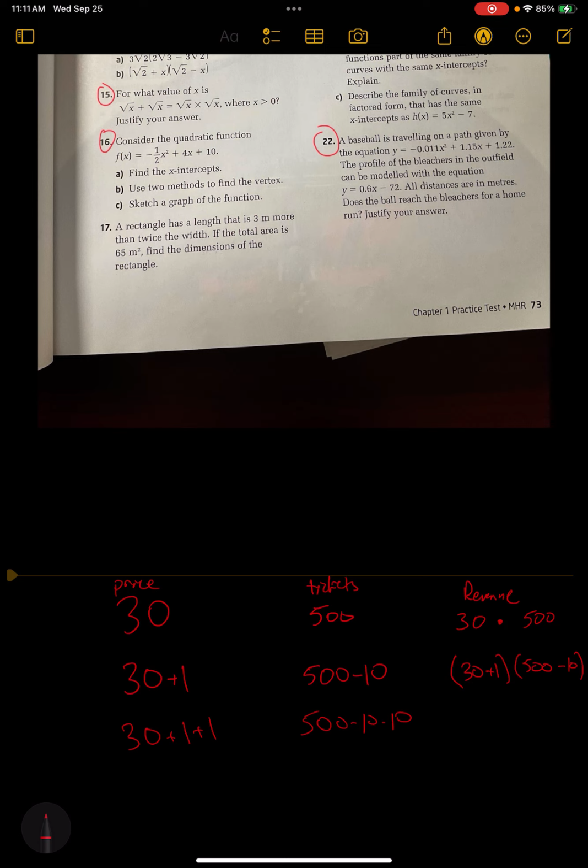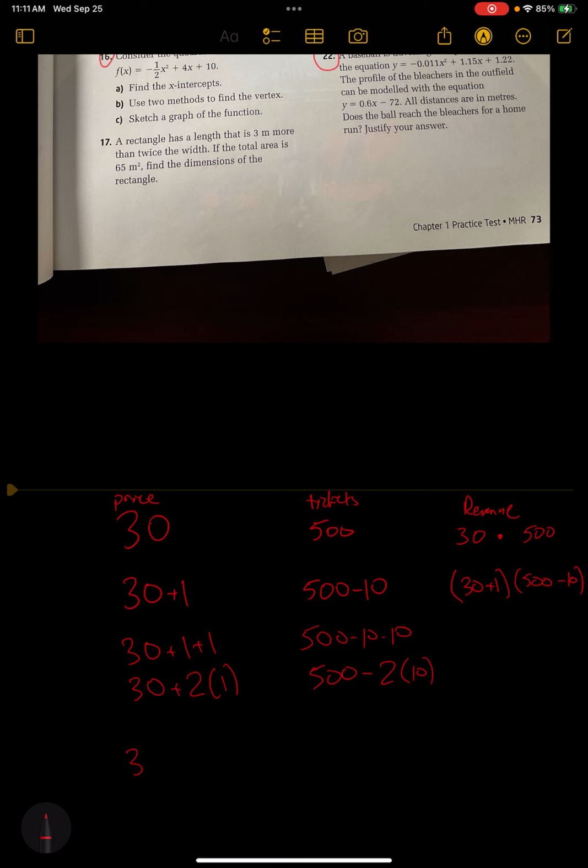Or, in other words, we can say something like 30 plus 2 times 1, and 500 minus 2 times 10. And next time, if we increase it again, it'll be 30 plus 3 increases.